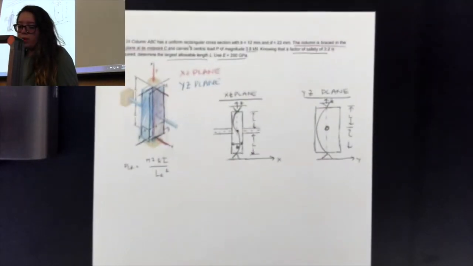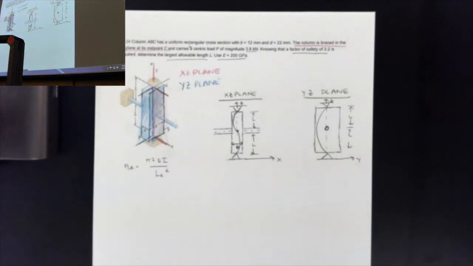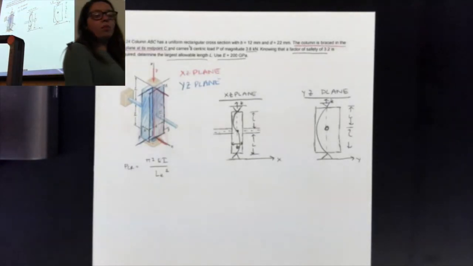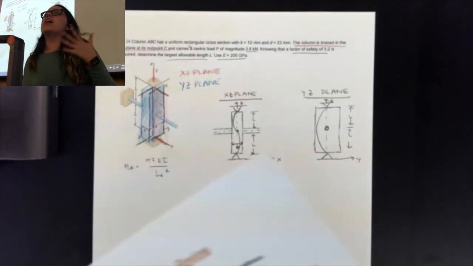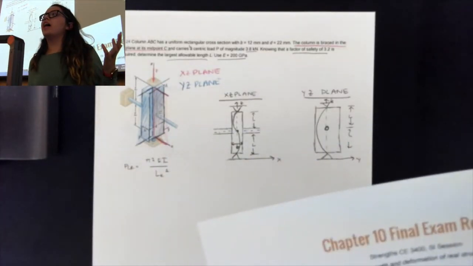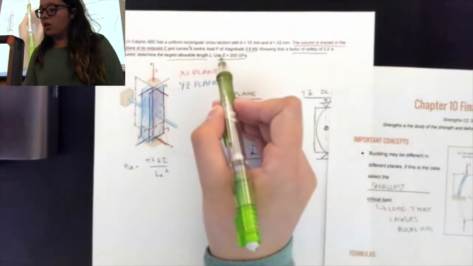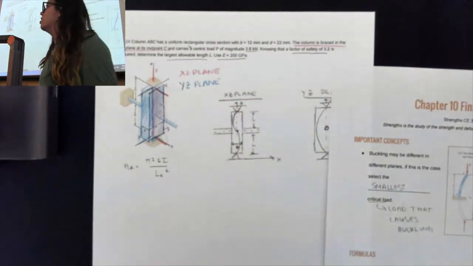For P critical, do I plug in 3.8 kilonewtons? No. What do I plug in? What factor do I have to use? Factor of safety, right? Because they told us the load is P, 3.8 kilonewtons.